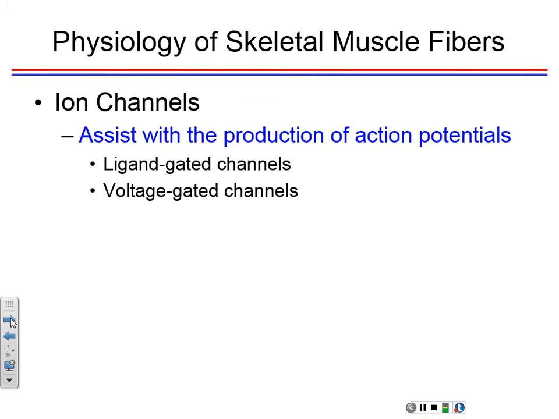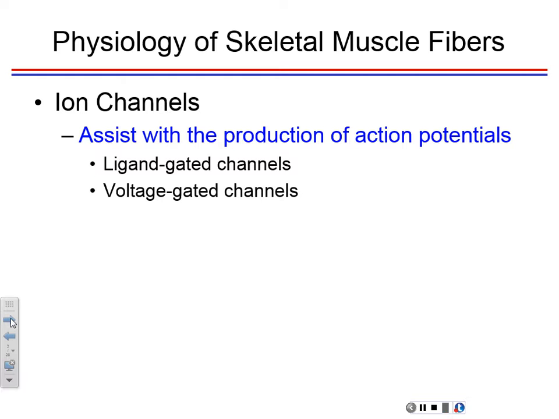So you remember we said positive ions rush in when the membrane is being depolarized. When this is happening, how do the sodium ions or the potassium ions get in and out of the cell? They use channels, okay? And these channels have gates. They have a mechanism that closes and opens the channel.